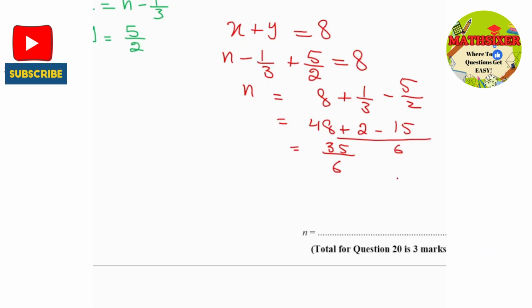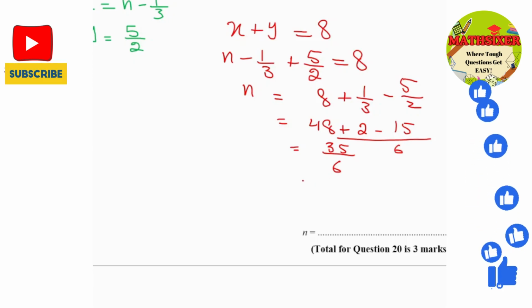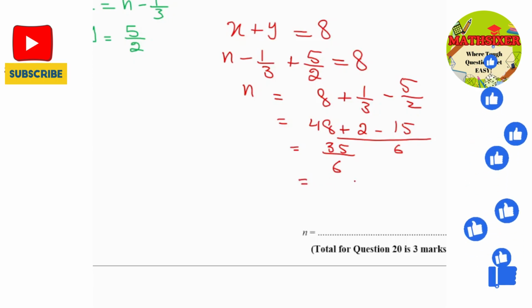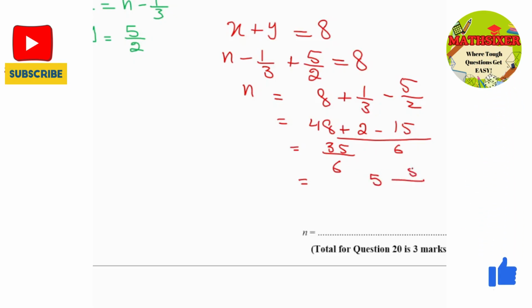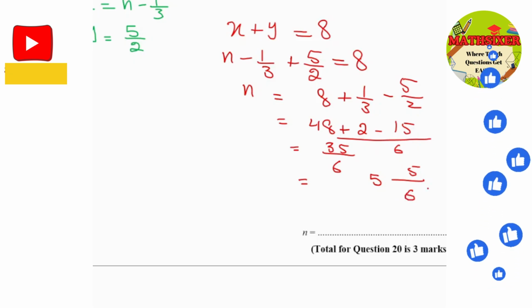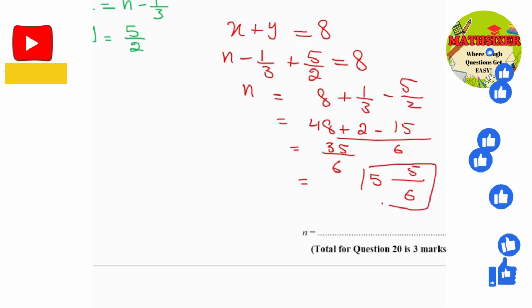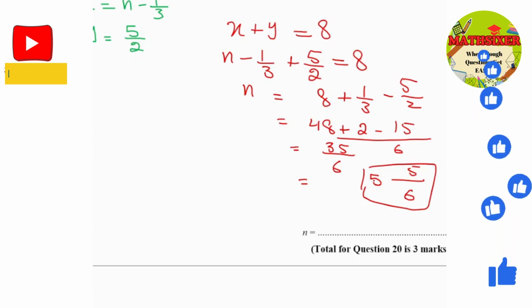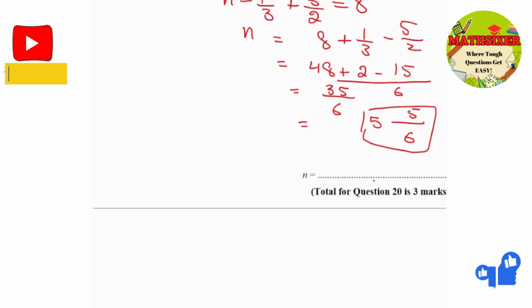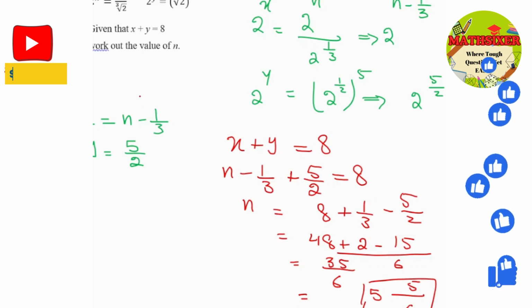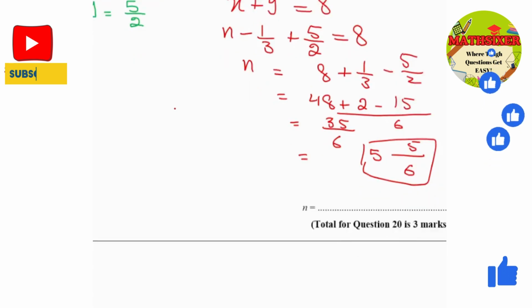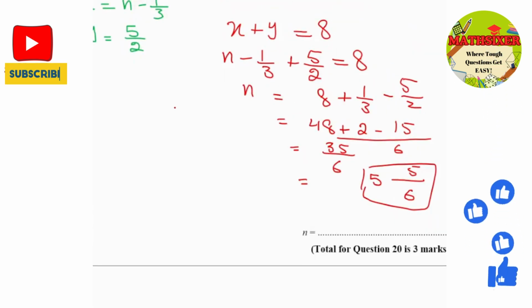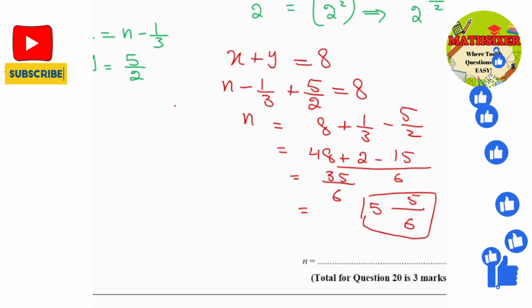So 35 divided by 6, what will we get? 6 times 5 is 30, 5 remainder, and the divisor is 6. So 5 whole and 5 over 6. So this question says, find the value of n, and the value of n is 5 whole and 5 over 6.